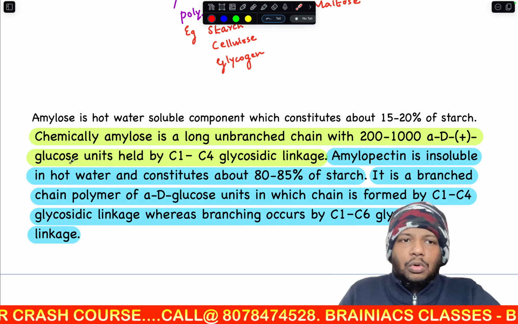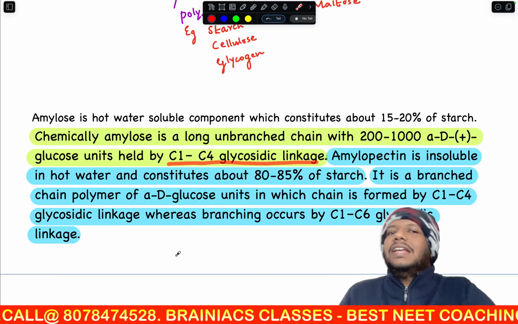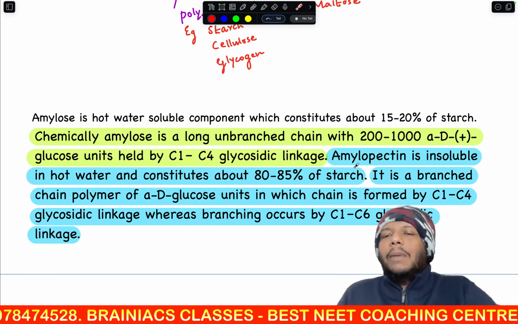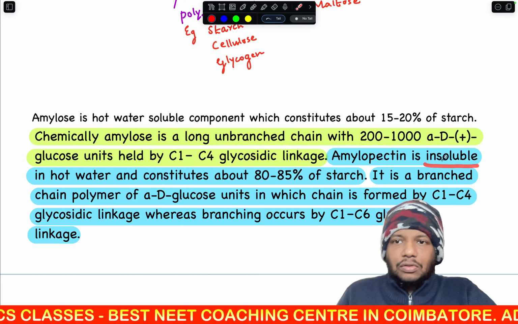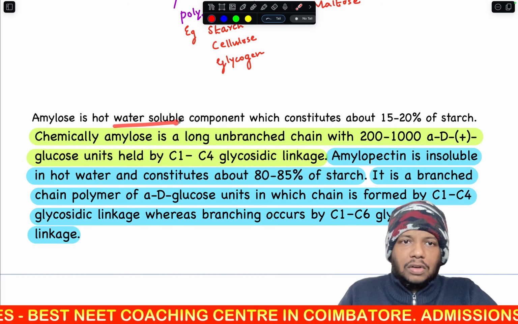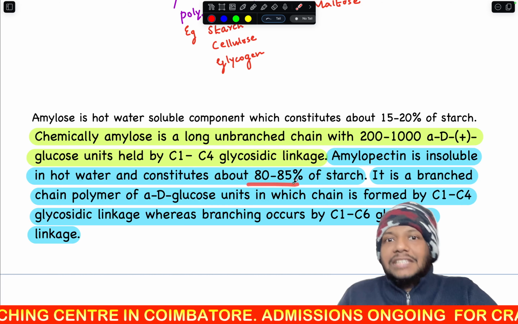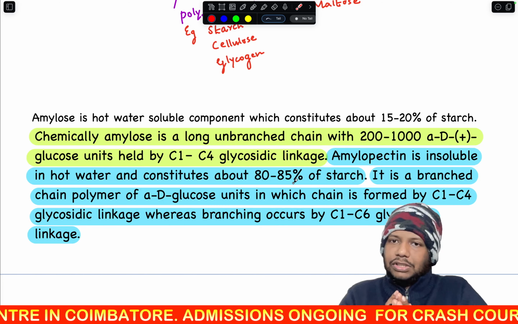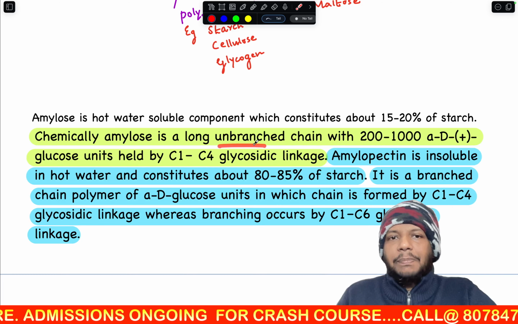Alpha D glucose units, and they are held together by C1-C4 glycosidic linkage. But if you go to amylopectin, I can say this is insoluble. Please understand, it is insoluble. Amylose was hot water soluble. Amylopectin is insoluble in hot water and it constitutes the major part, 80 to 85% of starch. And we can say it is a branched chain polymer. The other one was unbranched.